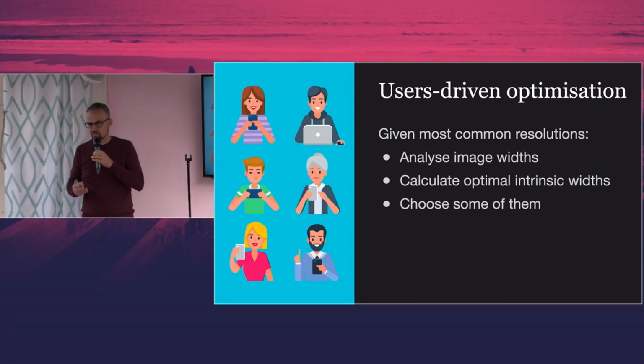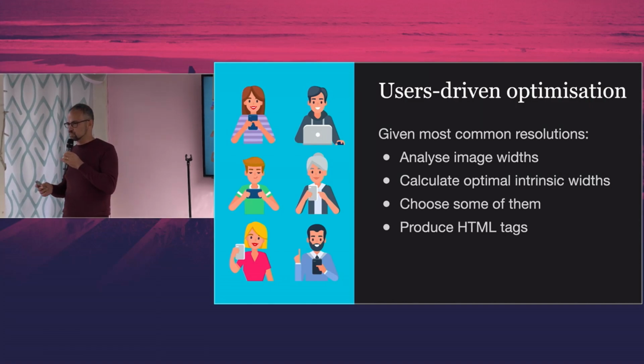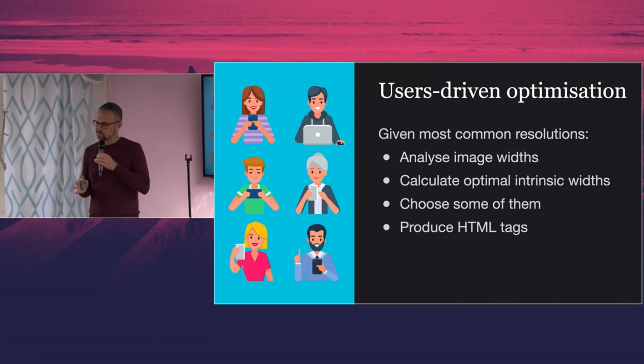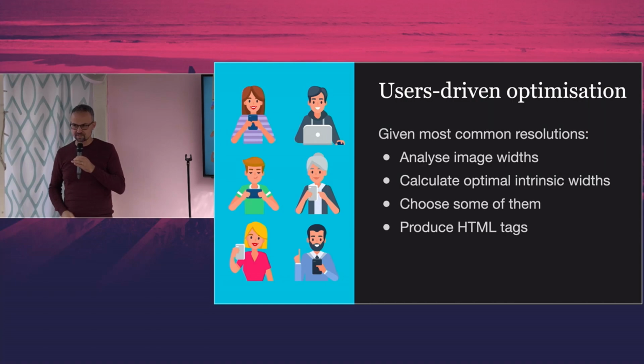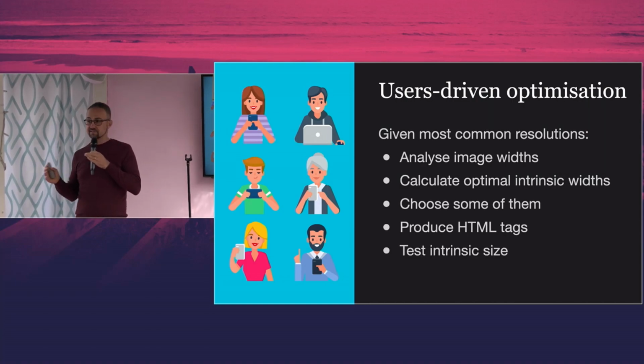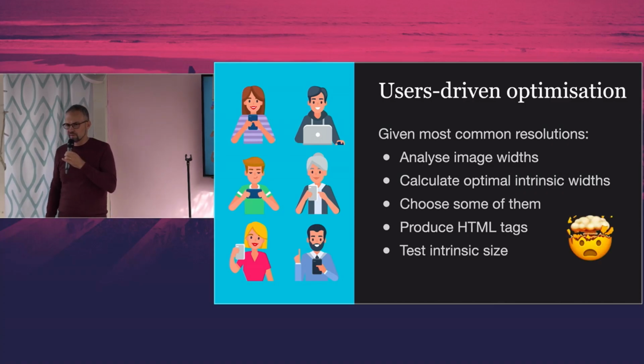So you need to choose some of them and maybe have 10 variations. Produce the HTML tags for your responsive image, which is also not an easy task to do right. And in the end, test that everything worked when you developed that HTML code.